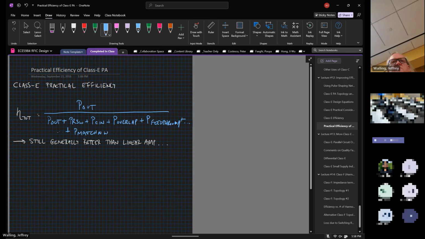Now, one big thing about the Class E network is that it likes to be switched very hard, rail to rail very quickly. But it does perform fairly well even when it's not ideal. So they call a class of amplifiers non-optimal or suboptimal Class E, where I've got a Class E like network that's shaping the wave something like a Class E, but I have all these non-idealities, and it actually holds up pretty well.